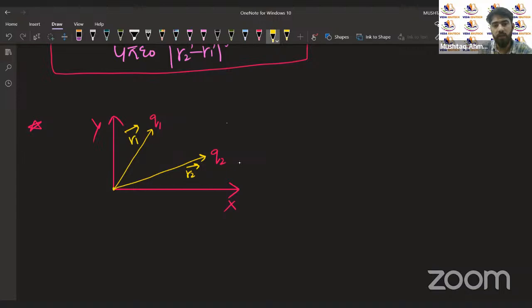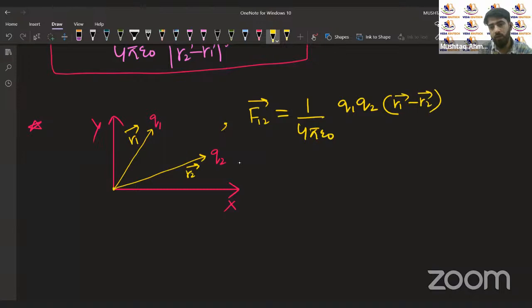Because we do not know the direction of interaction between q1 and q2, what we'll do is that the force on 1 because of 2 will be 1 upon 4 pi epsilon naught q1 q2, we'll just calculate r1 vector minus r2 vector upon modulus of r1 vector minus r2 vector whole cube.